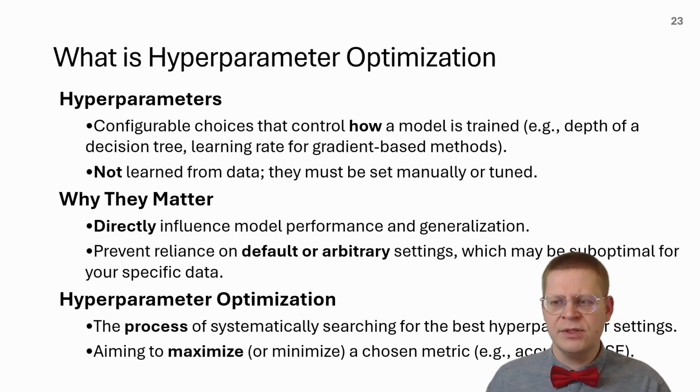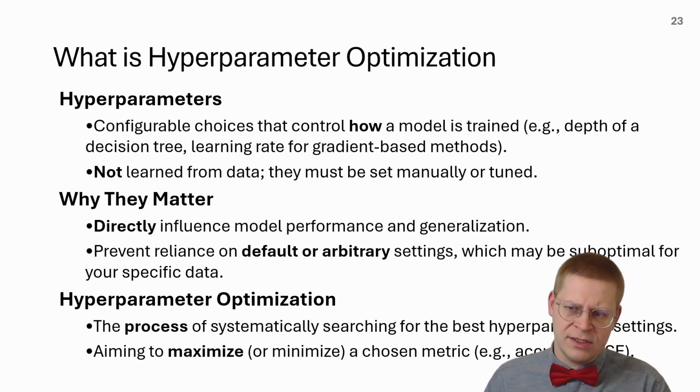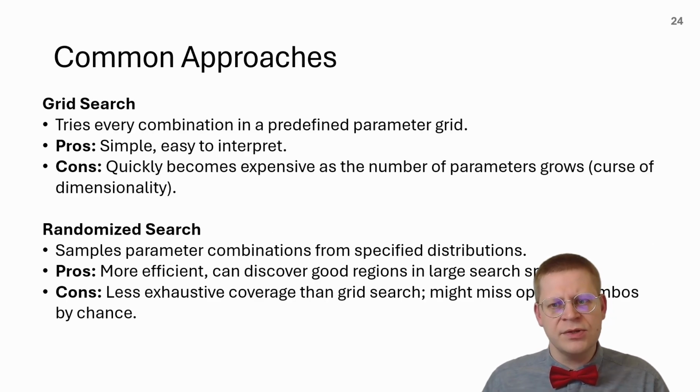Well-tuned hyperparameters can make the difference between a so-so model and a state-of-the-art performer. Grid search is the classic approach, great for small parameter spaces. But as you add more parameters or broaden their ranges, the number of combinations explodes.